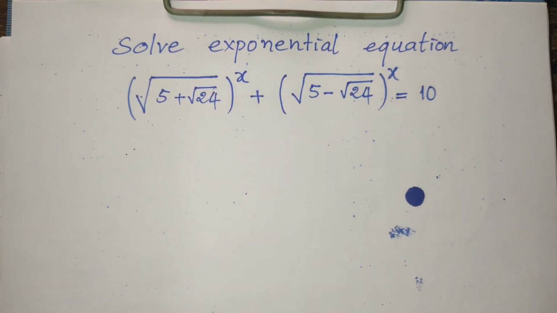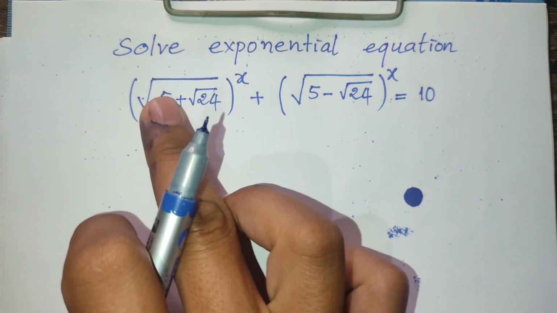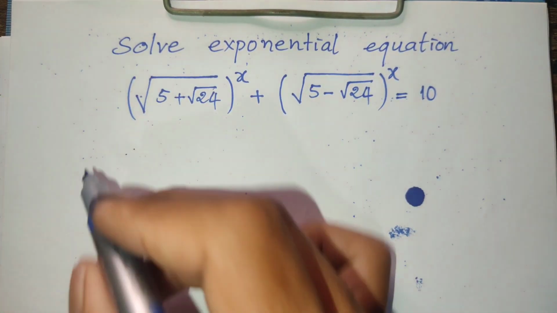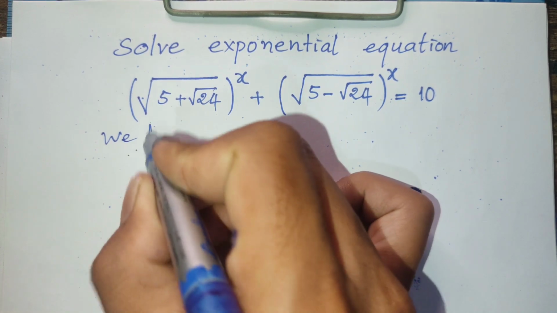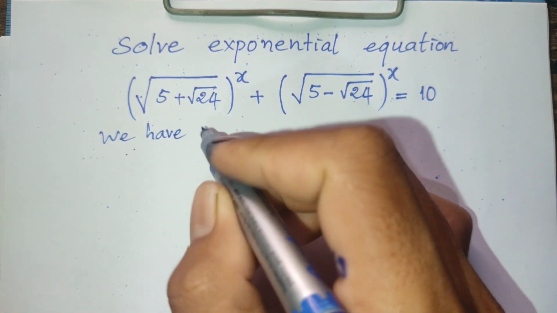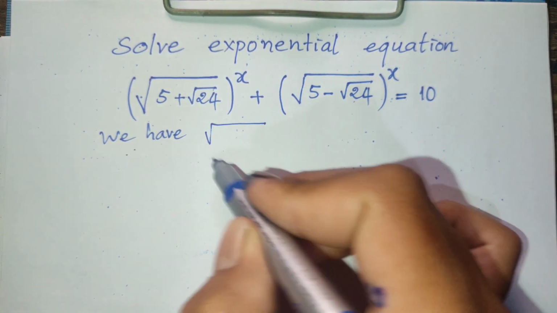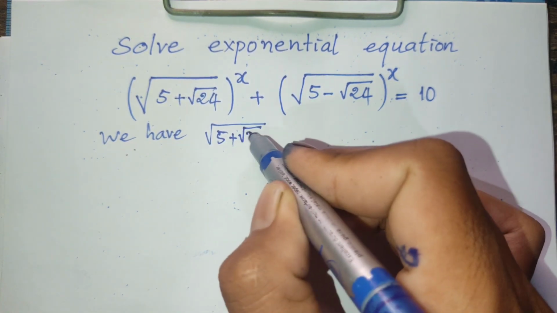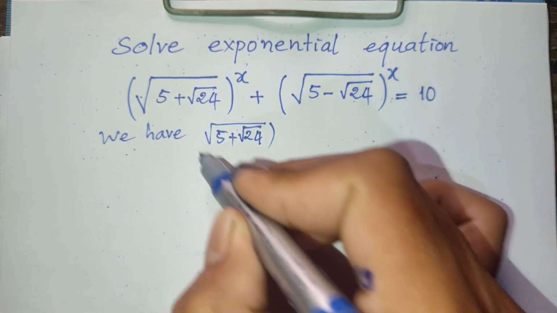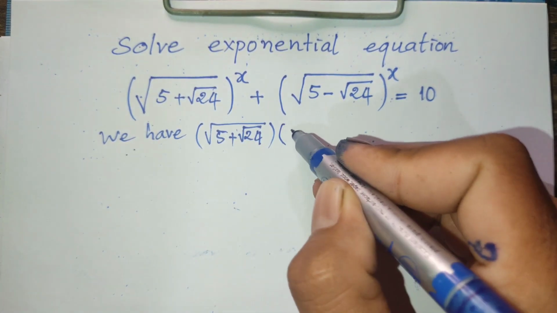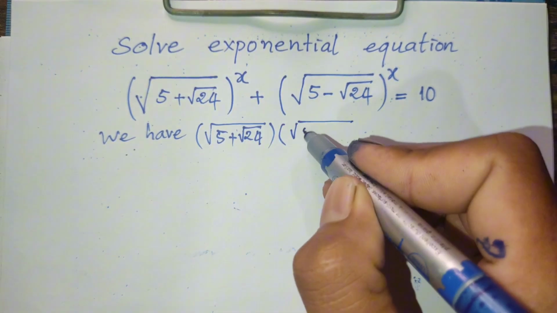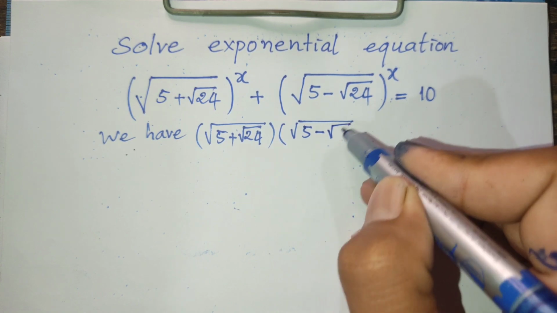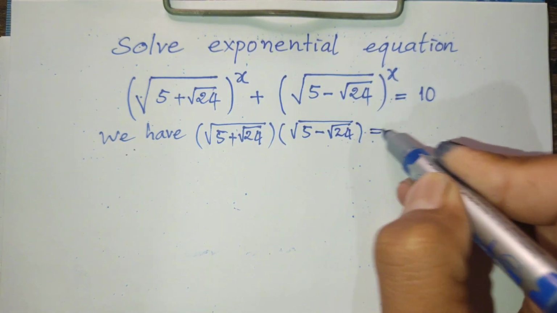So now we have (square root of 5 plus square root of 24) multiplied by (square root of 5 minus square root of 24) is equal to 1.